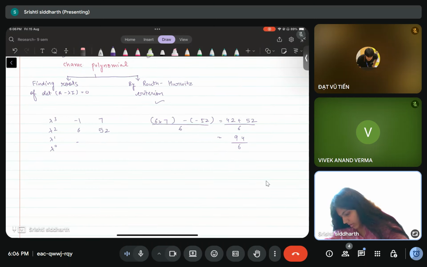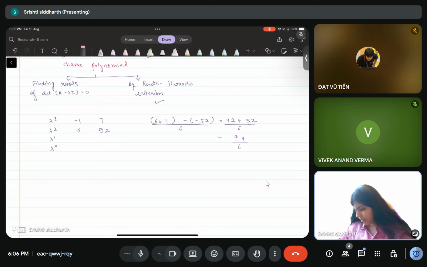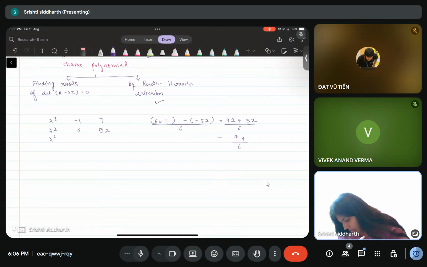What else we can do is simplify the lambda square row by dividing by 2.